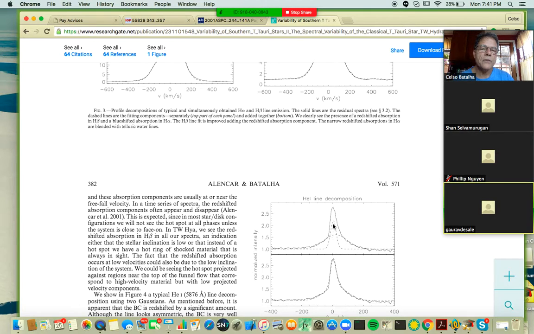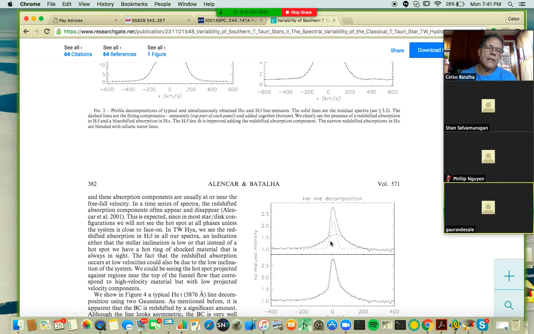We decompose this complicated profile into one component that is nicely symmetric, and then we call that a region that is formed in the accretion flow, and one that is kind of narrow but symmetric, and then we associate that with the chromosphere. So we had two regions to explain the helium line.